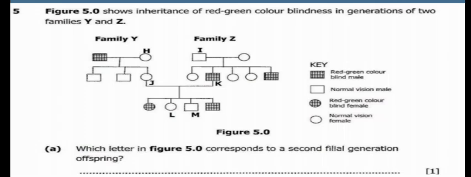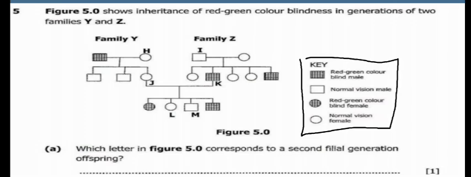So now, whenever you want to answer this question, you need to look at the key that you have been given. The key that we have here is showing that when we use this square here, which is painted, this one is going to represent a red-green color blind male.